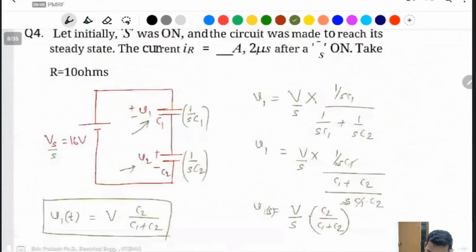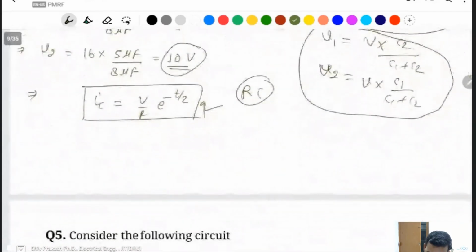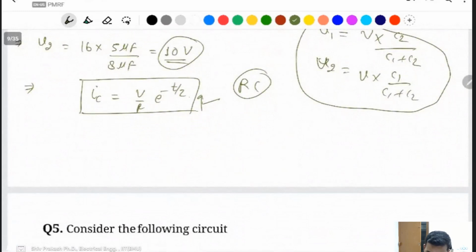Here, when the capacitor is charged to 10 volt and then the switch S bar is on, at that time the capacitor will be discharged. The current equation is V by R into e power minus t by tau. This one is the discharging current equation.